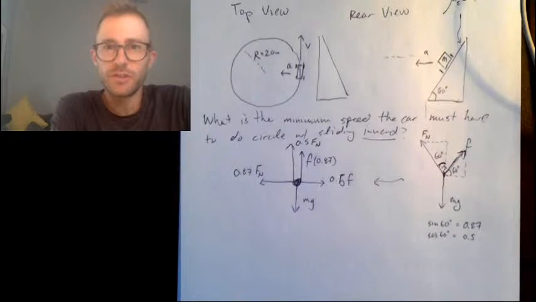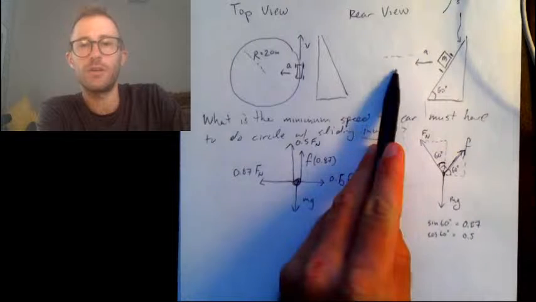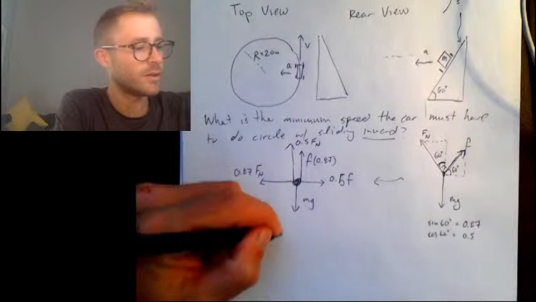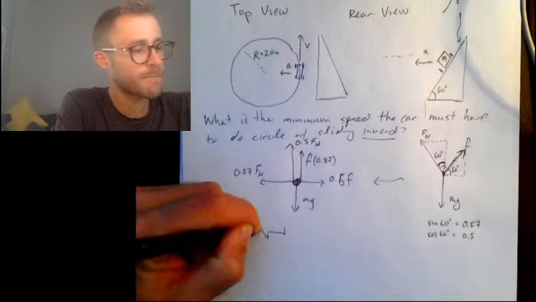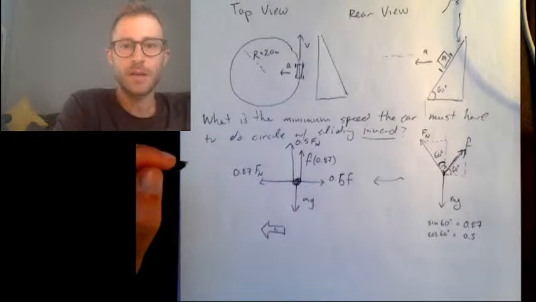Now, what direction is the acceleration? Well, the acceleration is pointed towards the center of the circle, which is to the left in this case.